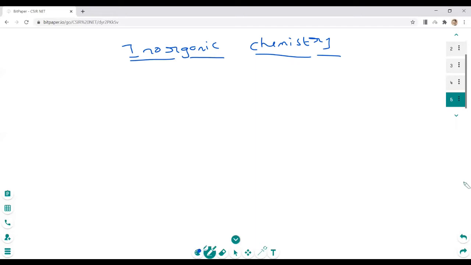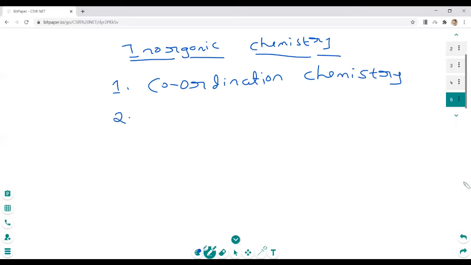For example, the major questions come first from coordination chemistry. This is the heart and soul of inorganic chemistry, in terms of the MSc part, and also majorly in your CSIR exam, even for GATE, for that matter. A follow-up for that is organometallics.